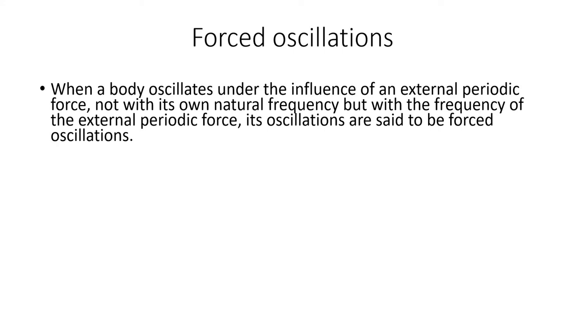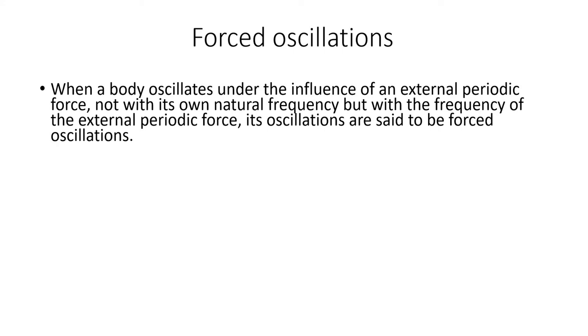A body is oscillating with the help of some external periodic force, that is, that force is acting continuously at regular intervals of time, and because of which it is not oscillating with its own natural frequency.